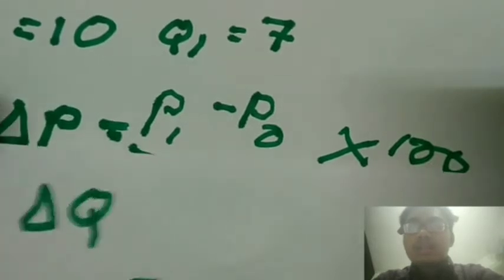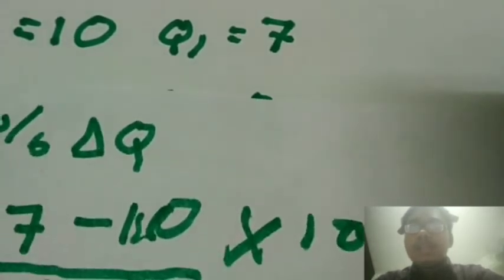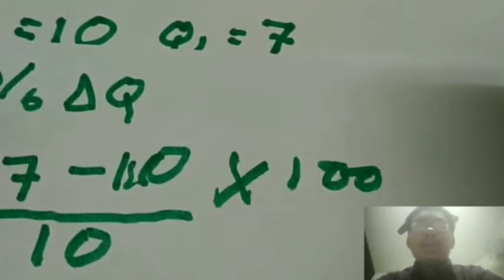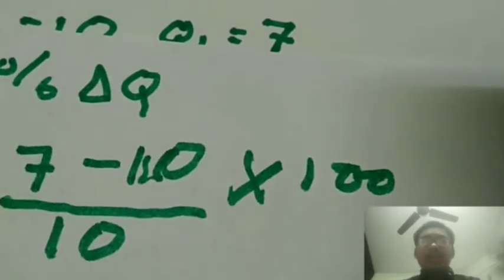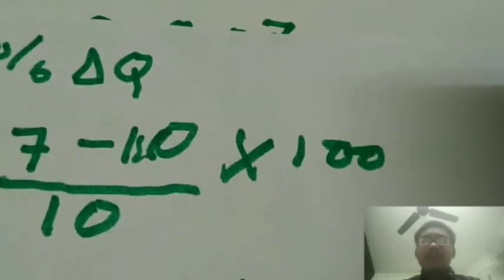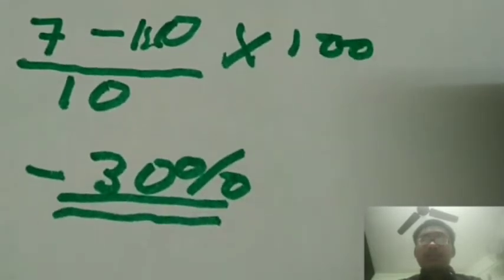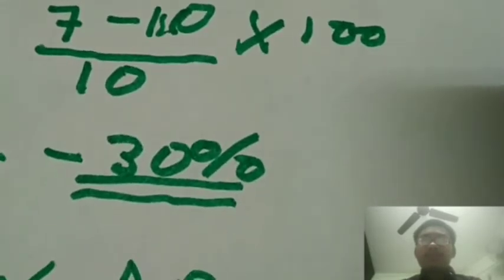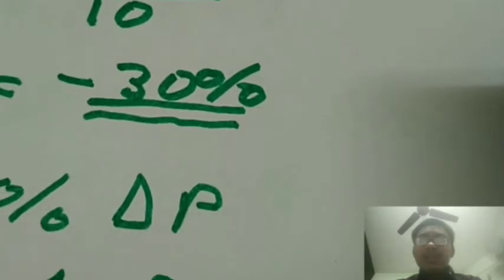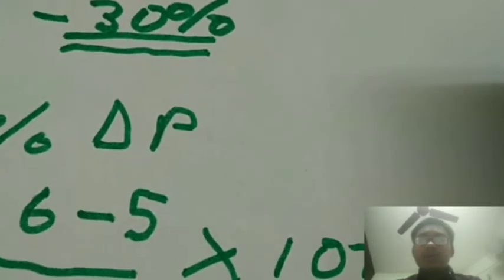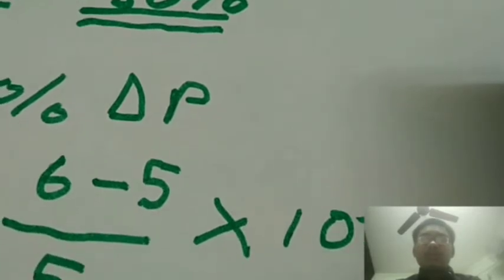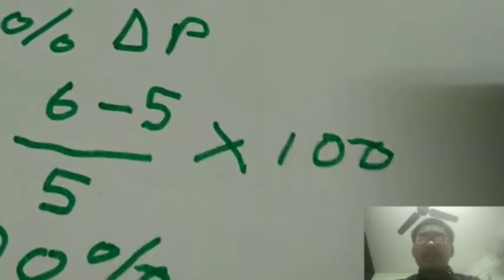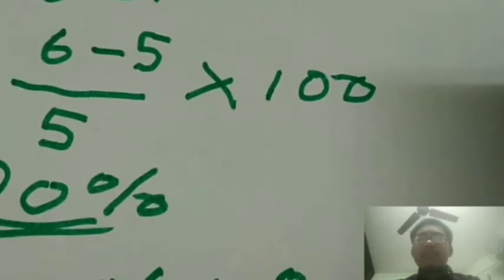First, let us focus on quantity. Percentage delta Q will be equal to Q1 minus Q0 by Q0 into 100. That is 7 minus 10 by 10 into 100, which is minus 30%. Now, percentage delta P will be equal to P1 minus P0 by P0 into 100, which is 6 minus 5 by 5 into 100, which is 20%.